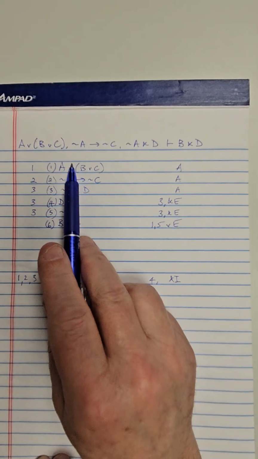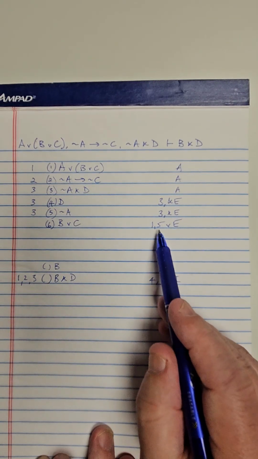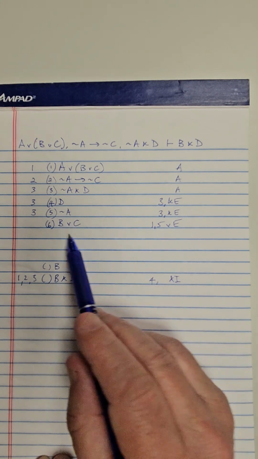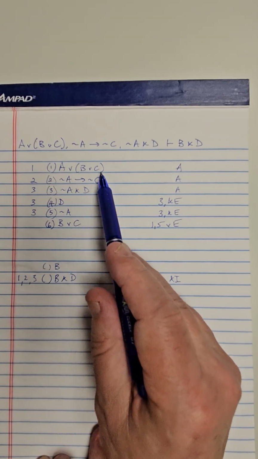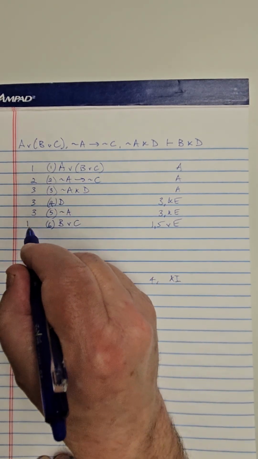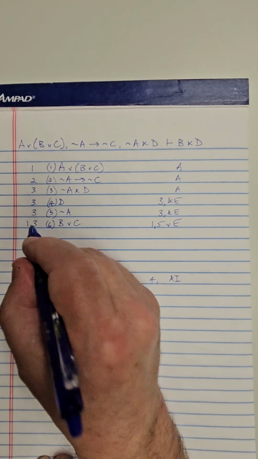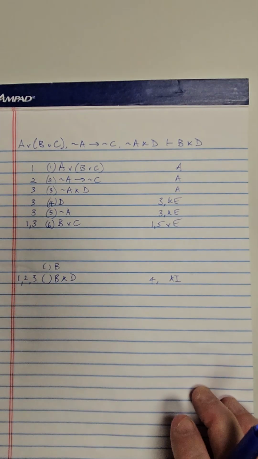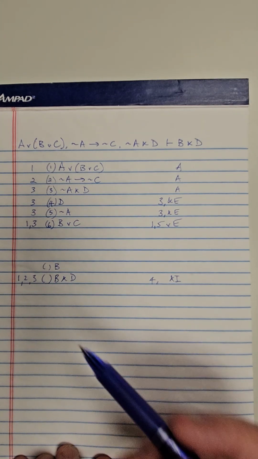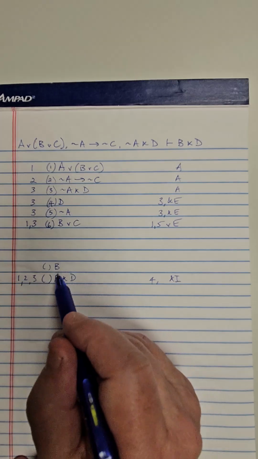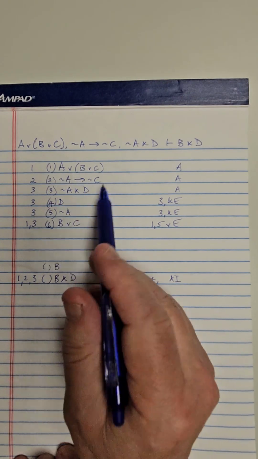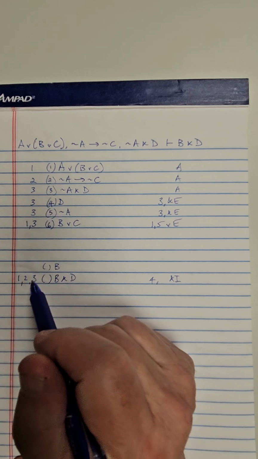1 is the line number of the disjunction, 5 is the line number of the denial of its left disjunct, and the sentence we prove is the right disjunct of that disjunction. 1 rests upon itself, 5 rests upon 3, and so the assumption set is 1 and 3. Well, that gets us either B or C, but we want B, and so we need not C. And not C is here as the consequent of a conditional.